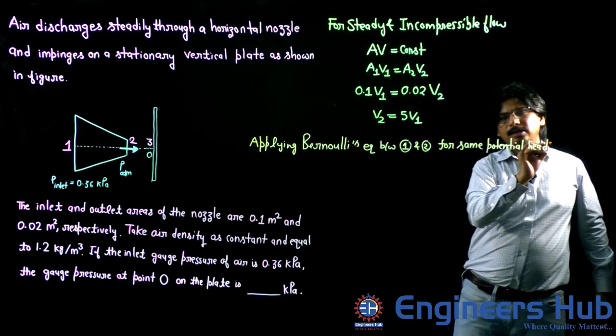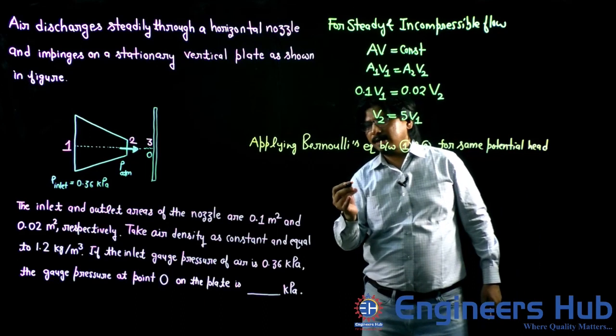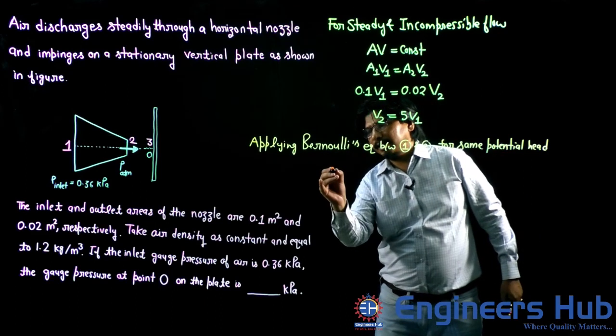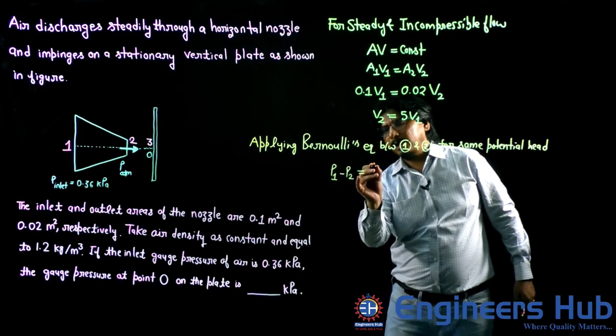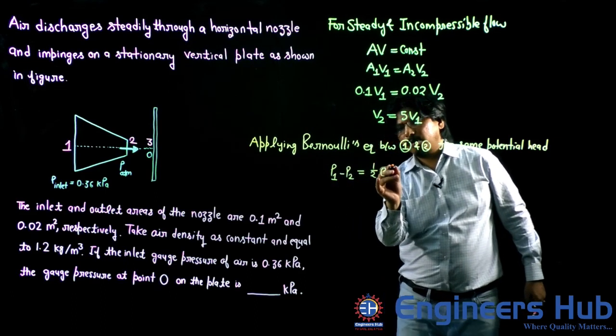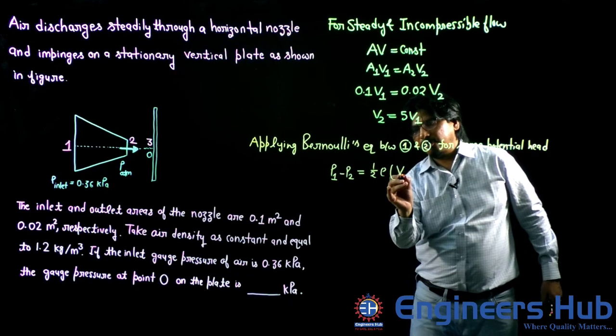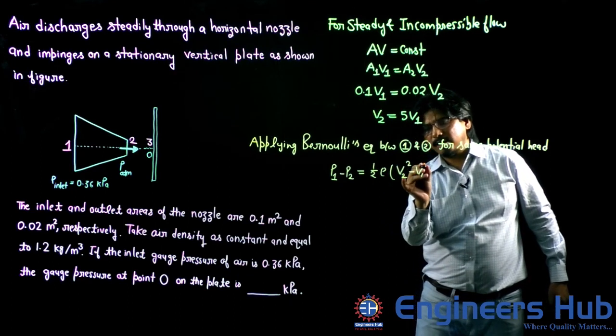So my friends, Bernoulli's equation shortcut form is basically P1 minus P2 equals half rho (V2 square minus V1 square).